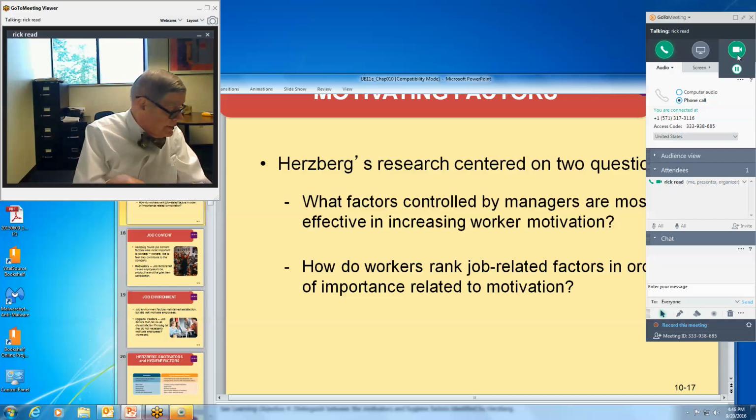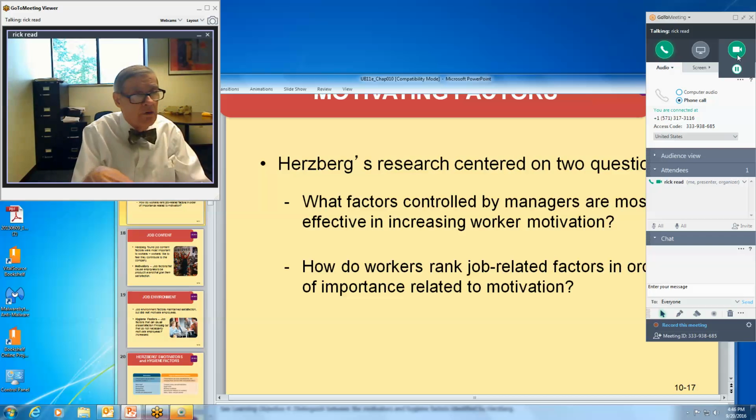I want to read these to you because they're very important for us to think about. What factors controlled by managers are most effective in increasing worker motivation? Notice that, controlled by someone else. And then how do workers rank job-related factors in order of importance related to motivation?